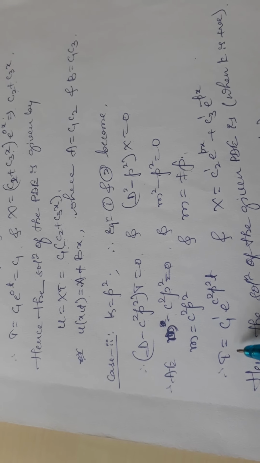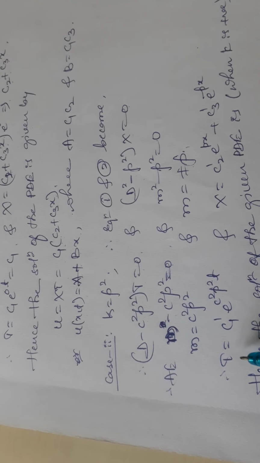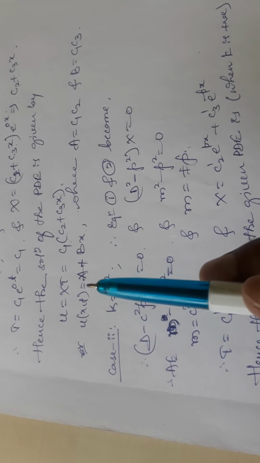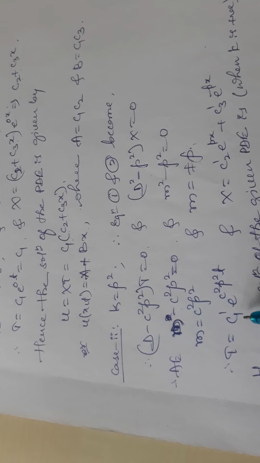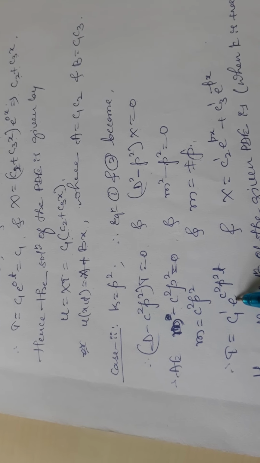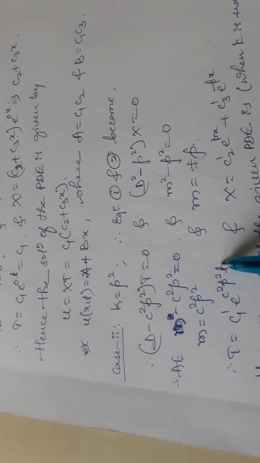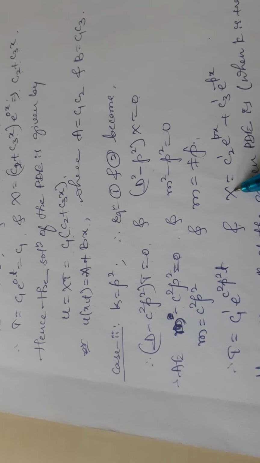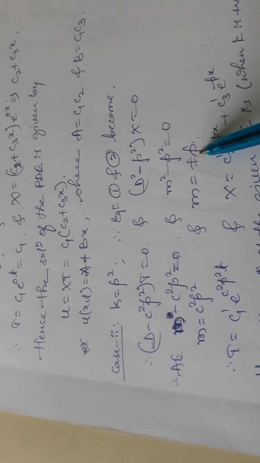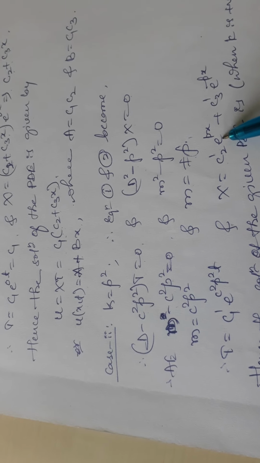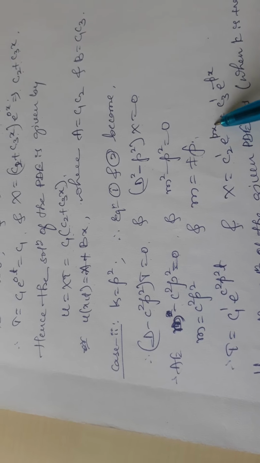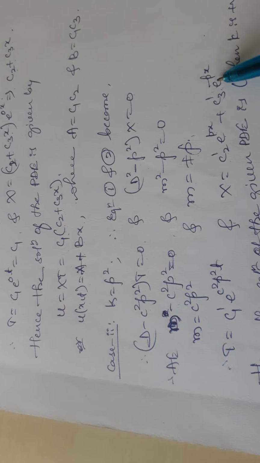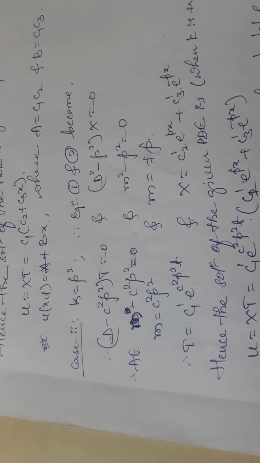Then the solution for the first equation, in terms of t, is T equal to c1 dash e to the power c squared p squared t, because we can take different constants from the previous. The second equation is in terms of x, with two different roots, therefore X equal to c2 dash e to the power px plus c3 dash e to the power minus px.